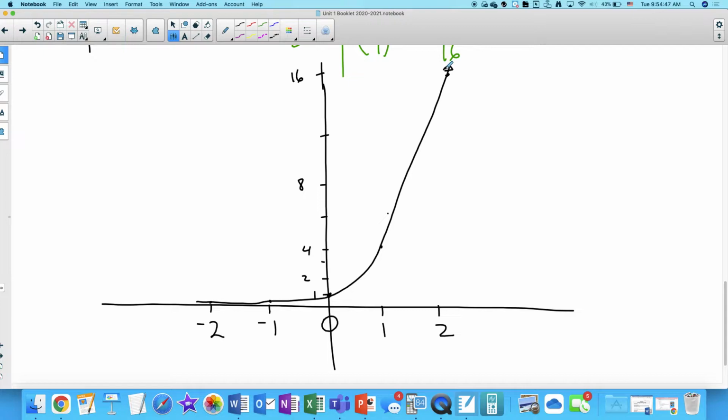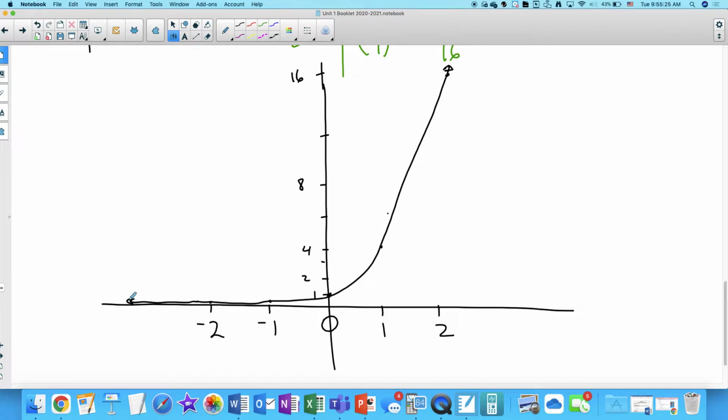Okay. So this line is going to continue, and it's going to get infinitely close to, but never touch the x-axis. Okay? As we move into the positive x direction, this is just going to shoot up. Because when you start multiplying by 4 consecutively, you are going to get really, really fast growth. Okay? Now, this line, this x-axis over here, that the graph gets really, really close to but never touches, has a special name.